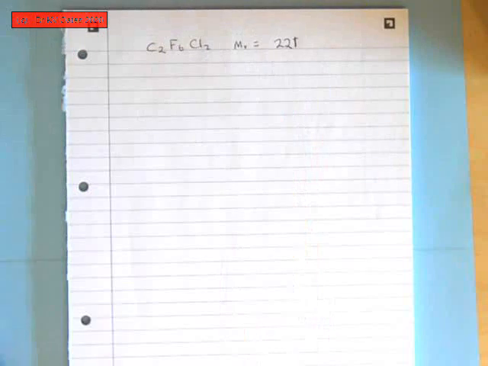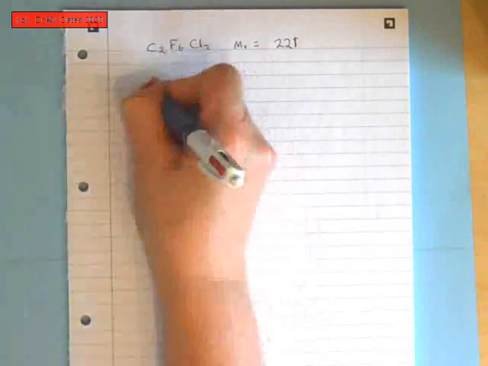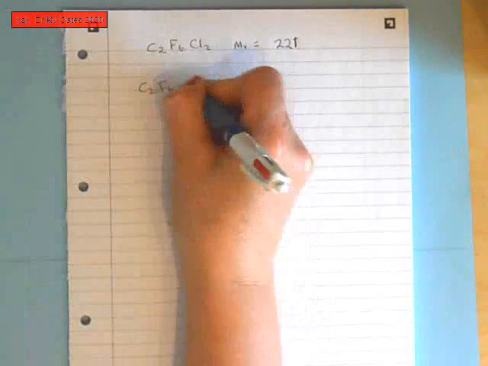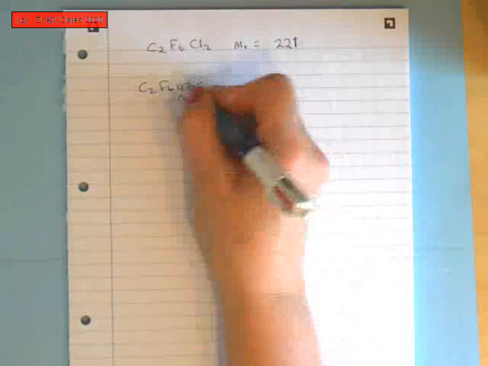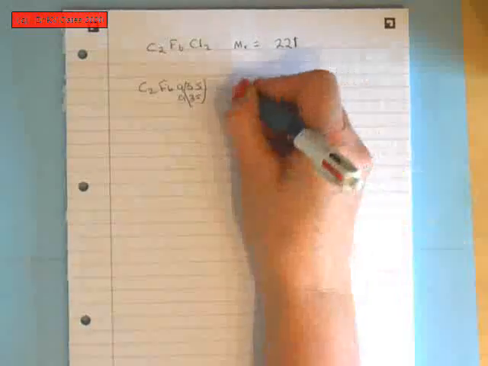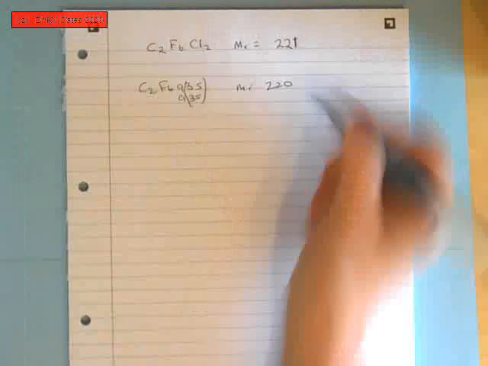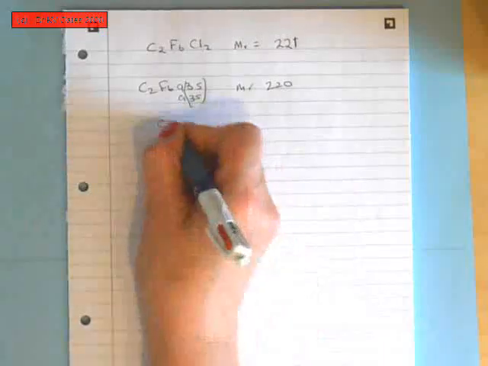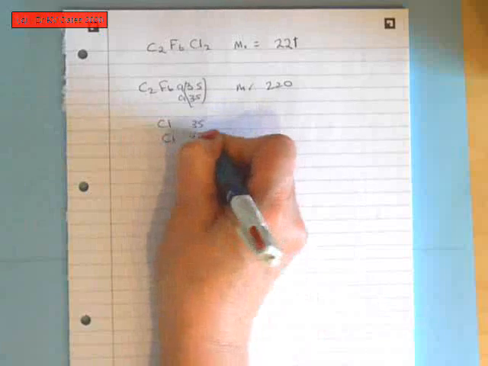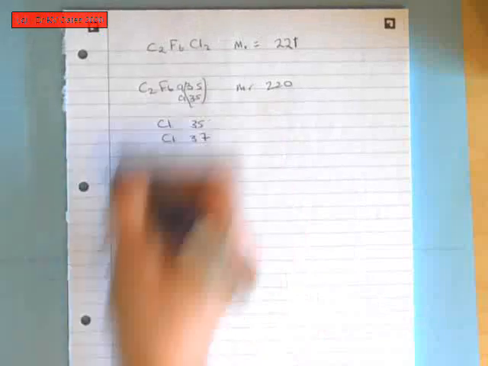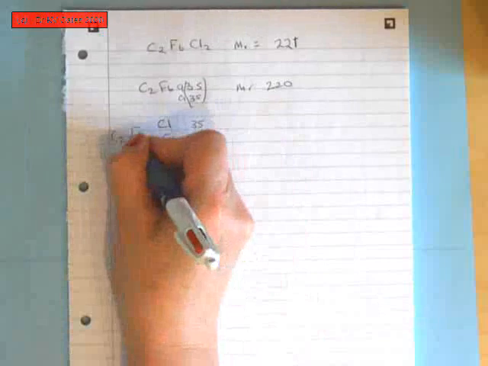so it'll either be 35 or 37. So if we've got C2F6 where both the chlorines are 35, then the mass is going to be 220. But we may have an instance where one is a mass of 35 and the other one is a mass of 37 in this C2F6 molecule.